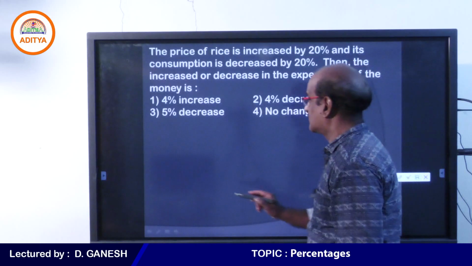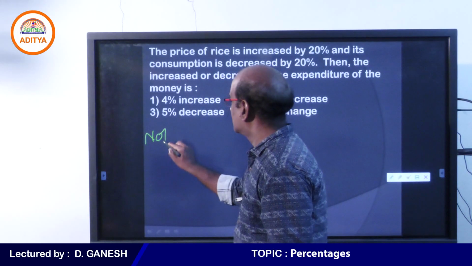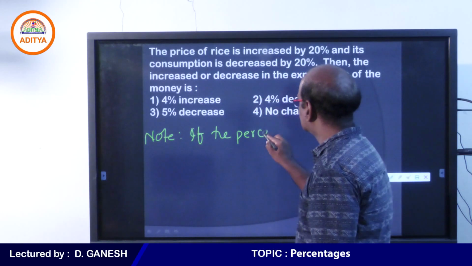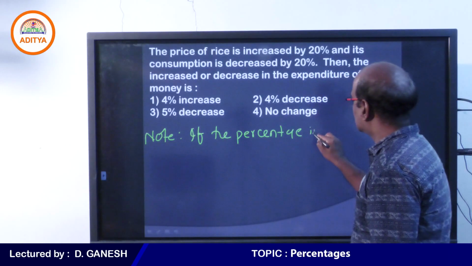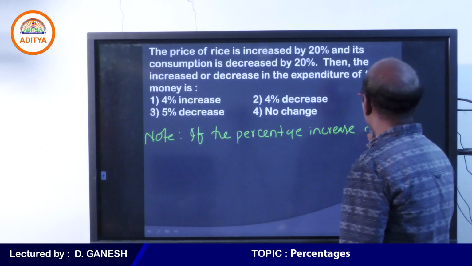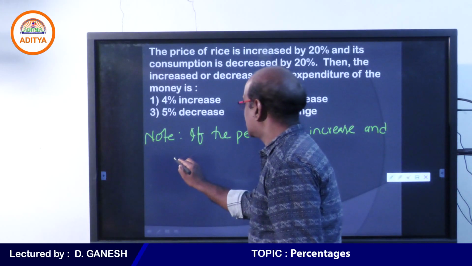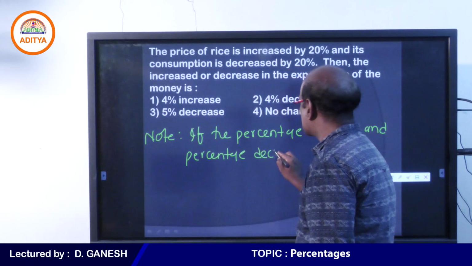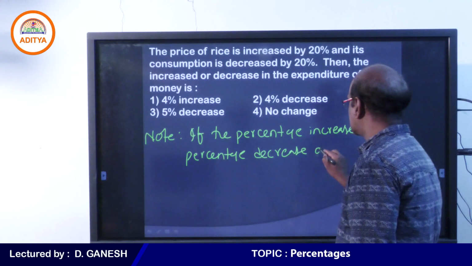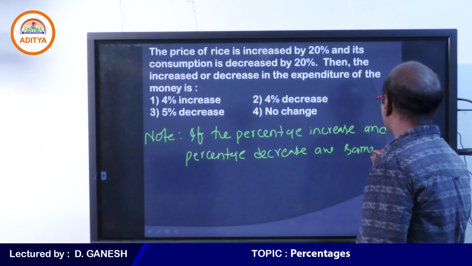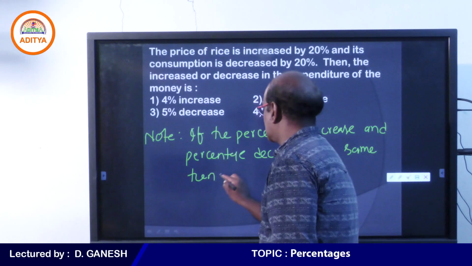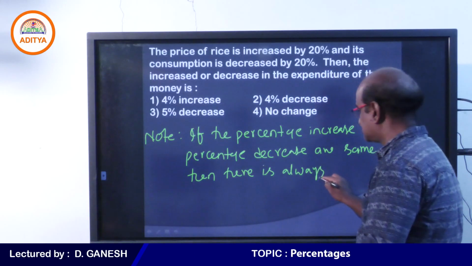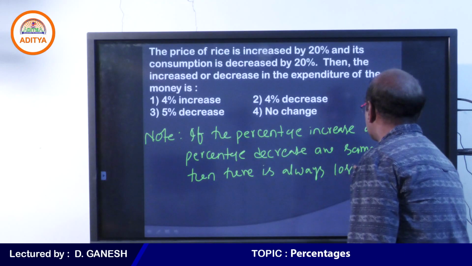If the percentage increase and percentage decrease are same, then there is always loss.